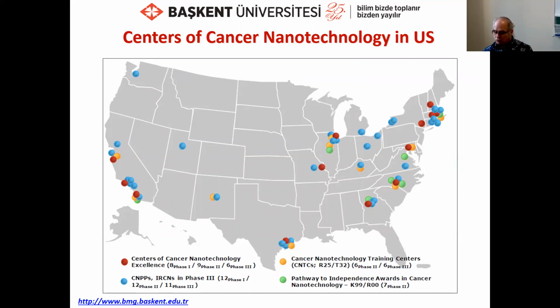Finally, in the green balls, you can see the Pathway to Independence Awards in cancer nanotechnology. Briefly, during those 10 or 11 years, the American people realized many good applications related to cancer nanotechnology.